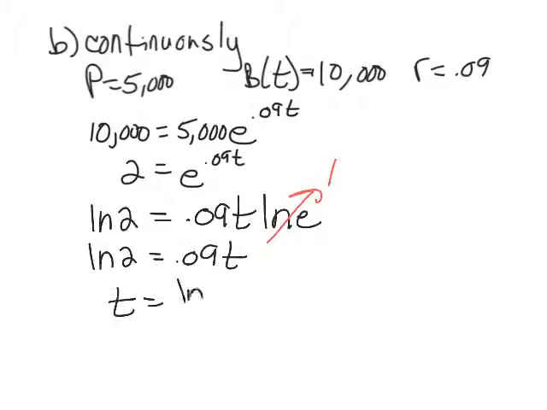It's the natural log of 2 over 0.09. So it's the natural log of the fact that it's being doubled divided by the rate. And in this case, t is approximately 7.7 years. So it takes slightly less time to double your money when you are compounding continuously than when you're compounding at a set rate.